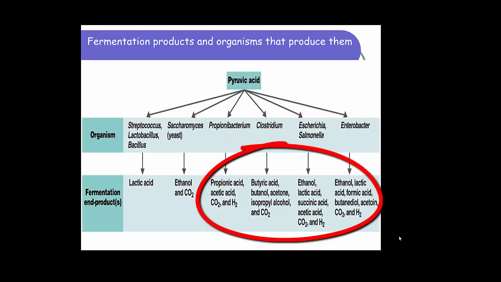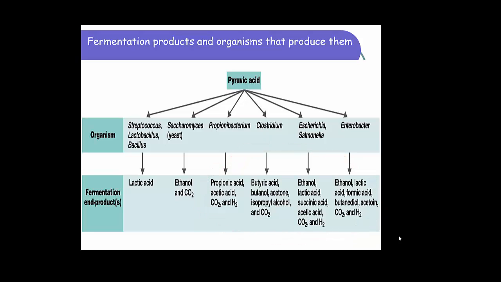For example, you have some that produce ethanol, lactic acid, succinic acid, acetic acid. Some produce formic acid, acetone, isopropyl alcohol, acetic acid, and in fact, Propionibacterium is one of the bacteria that produce acetic acid or vinegar.